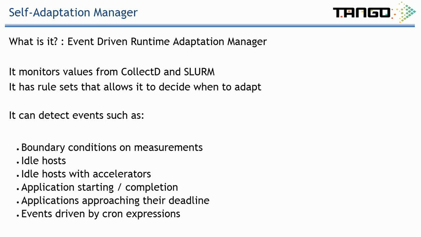It can also detect events such as chronic, which are described by chronic expressions. This allows the system to know what time of day it is and therefore adapt accordingly. This may be used for setting certain things such as power caps during certain periods of the day.